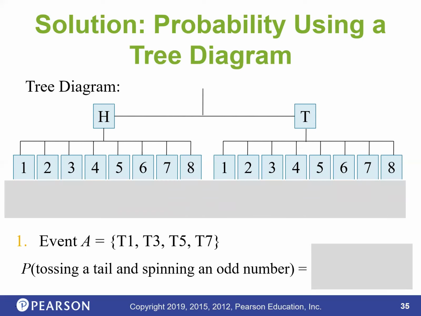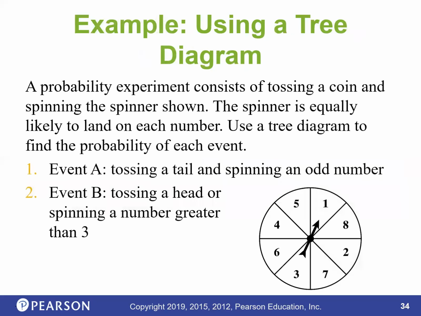Almost break time here, let me go back. Okay, tossing a head or spinning a number greater than 3. So can you list those first? Go for it. I'm going to use H for head. Be careful here.